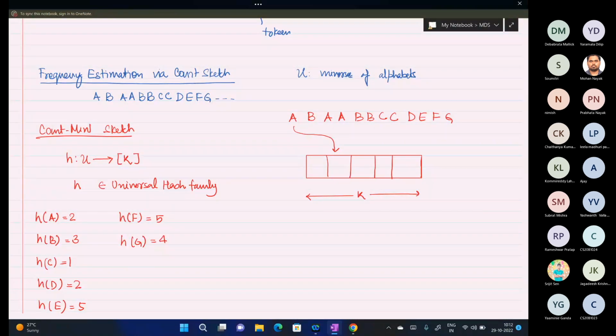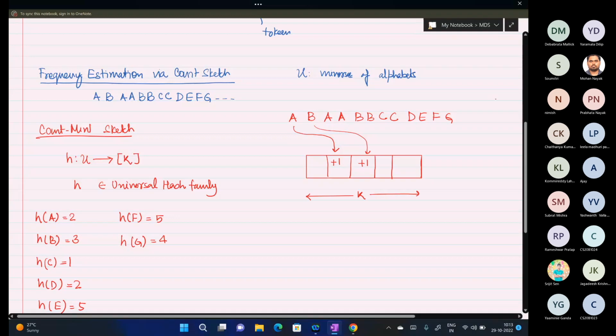Once we process an element of the stream, we add +1 in its bin. B maps to the third bin, so this adds +1 over here. These two A's will again go to the second bin, and add +2 over here. Then these two B's go to the third bin and add +2.